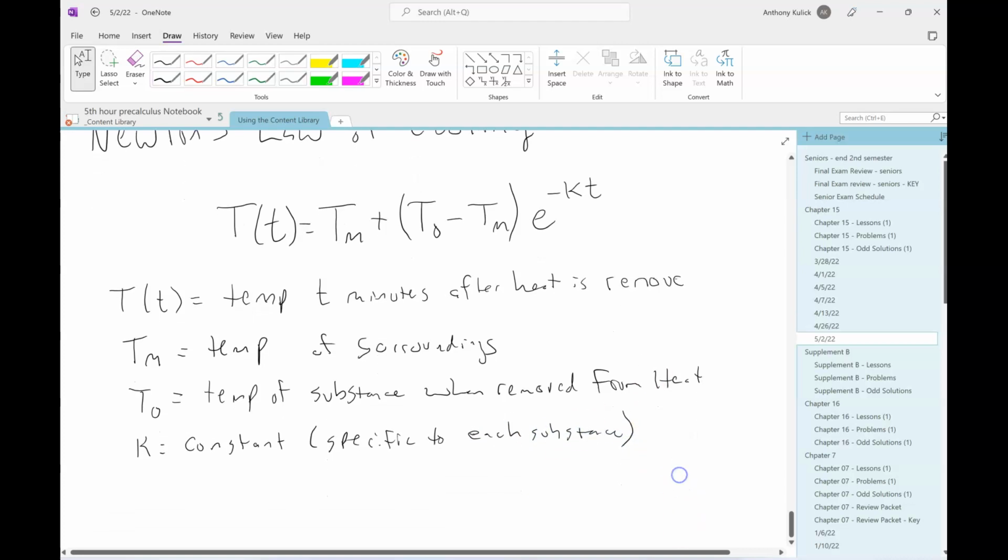So that constant is different for a pizza roll than it would be for an iron sword. Or a bronze sword if you're really going back in time. If you're an Egyptian warrior or something, pre-Iron Age. And then t is just your time in minutes.